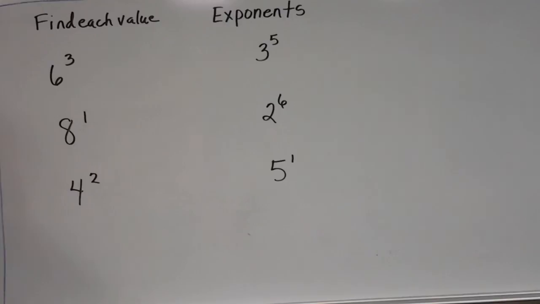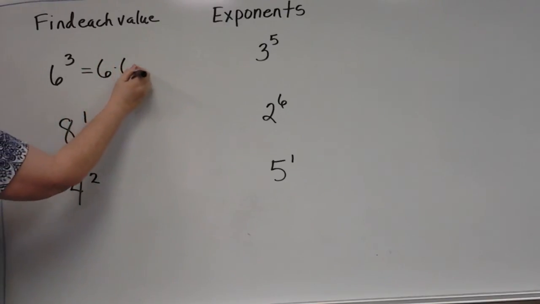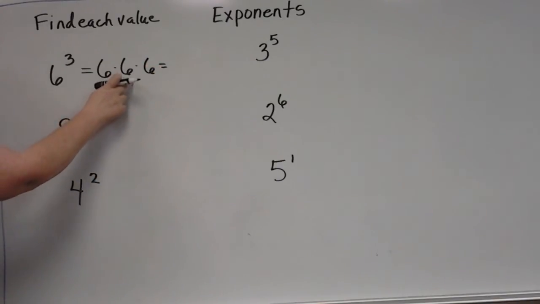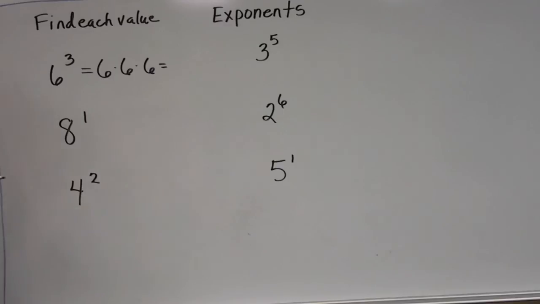So how many times would I write the 6 down? 3 times. Now you do the math. 6 times 6 times 6. Do all of these problems that way, and then turn the tape back on so that you can see if you got the right answer. This is where you need to pause and get a pencil and paper and work these 6 problems.